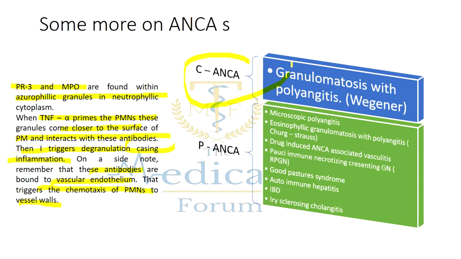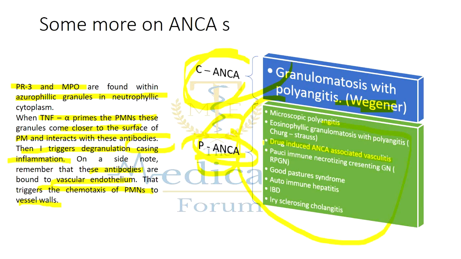C-ANCA, P-ANCA. You see C-ANCA only in Wegener's, which is granulomatosis with polyangiitis. All the other conditions you see P-ANCA. Microscopic polyangiitis, eosinophilic granulomatosis with polyangiitis, which is Churg-Strauss, drug-induced ANCA-associated vasculitis. Listen to this. I've been telling you during drug-induced lupus that you can also find some P-ANCA positive in drug-induced lupus.